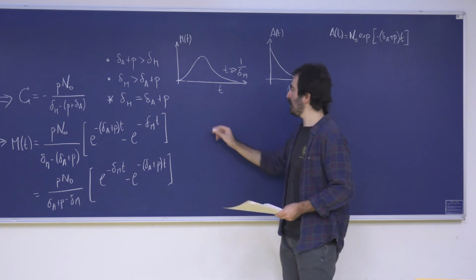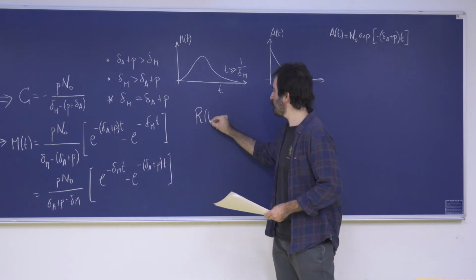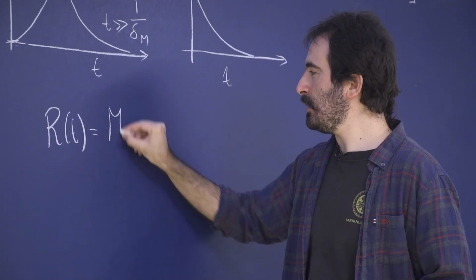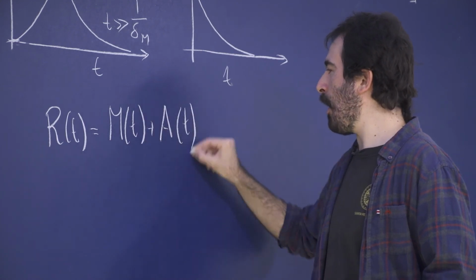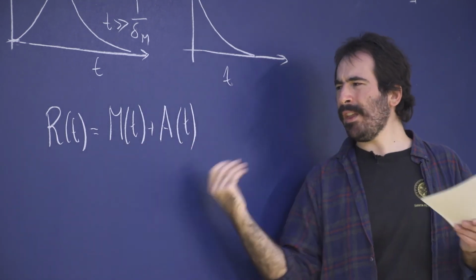Finally, to complete the exercise, we had to compute the total number of cells, be they arrested or metastatic. Why do we need to compute these?